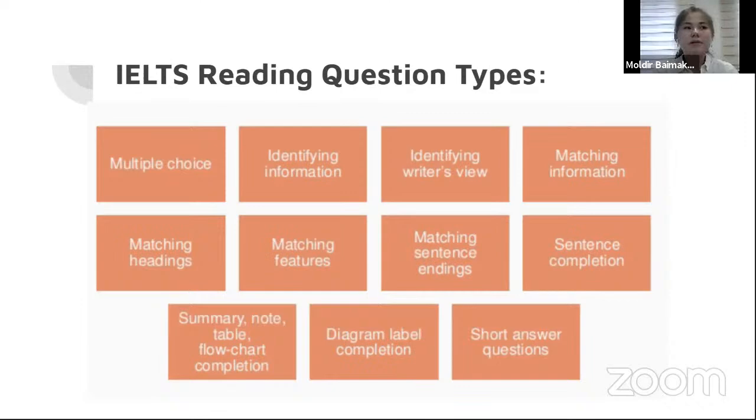But there were several cases where the subject stated in the statement is also mentioned in the text, but this kind of specific information is not in the text.